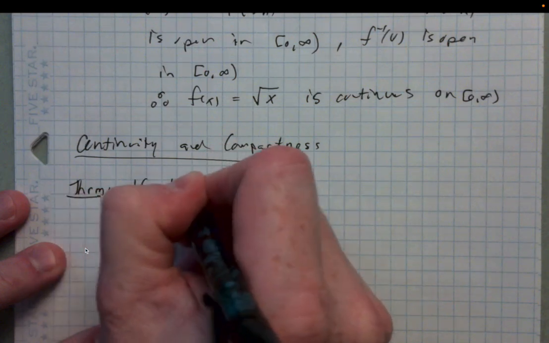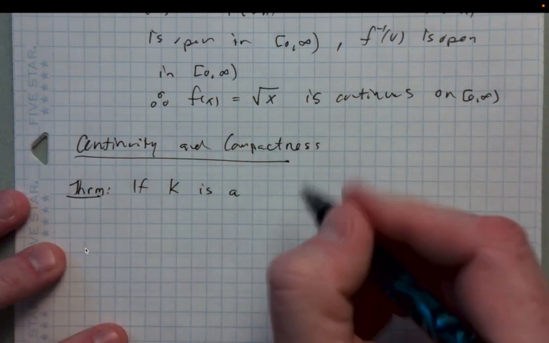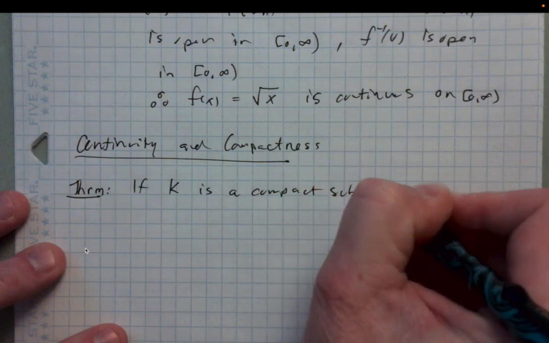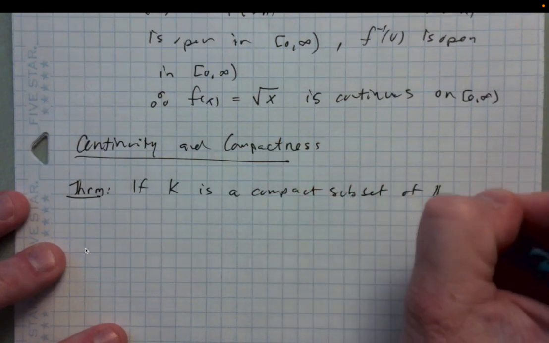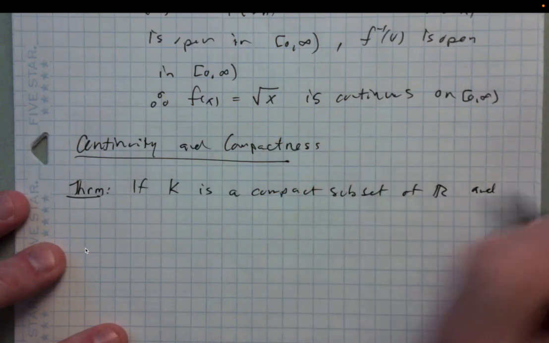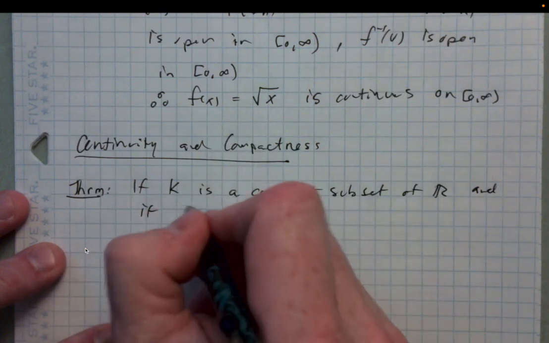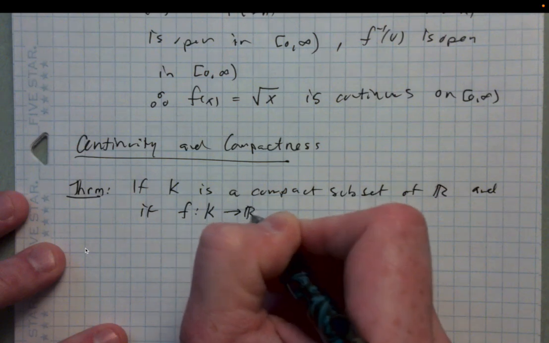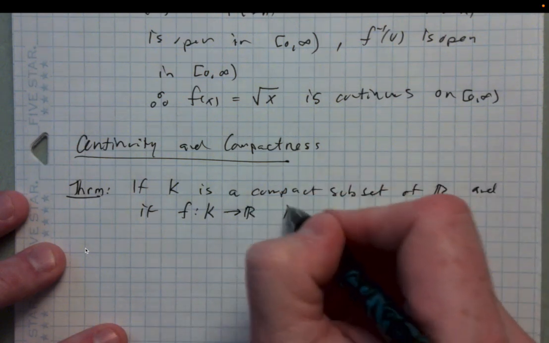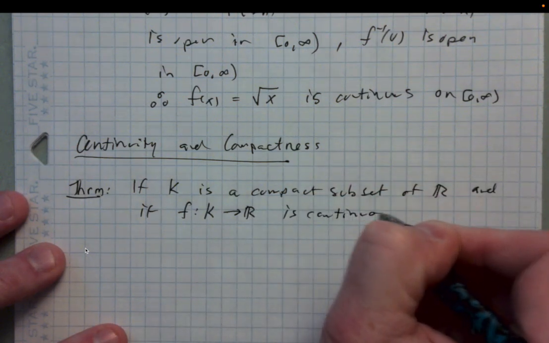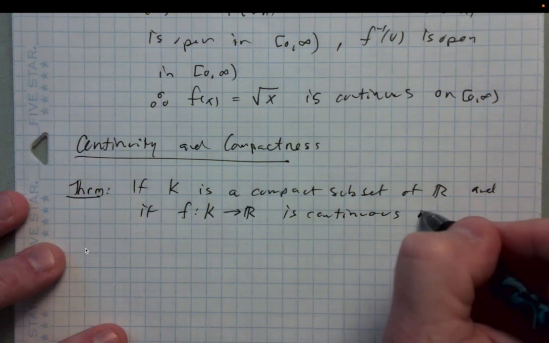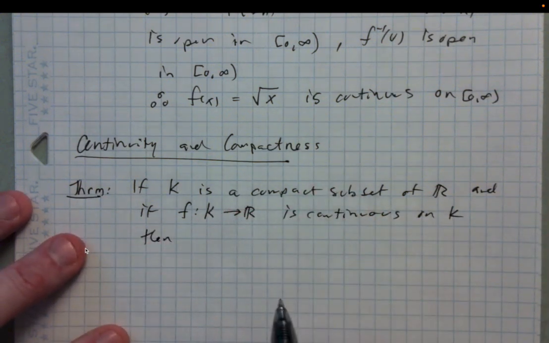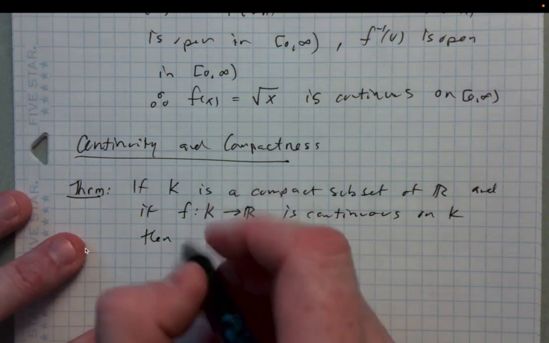So if K is a compact subset of real numbers, and if f is a function from K to R, and that function is continuous on K, then the image of K under f is compact.